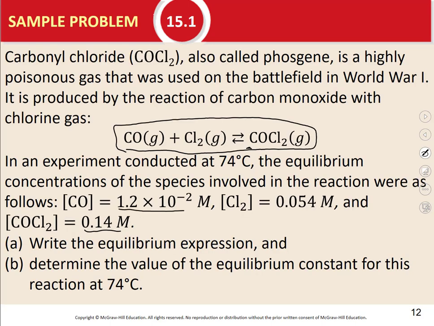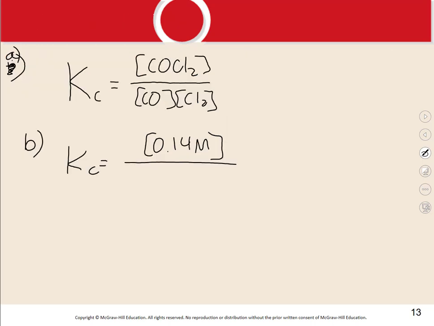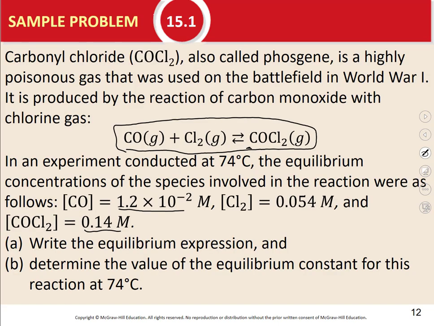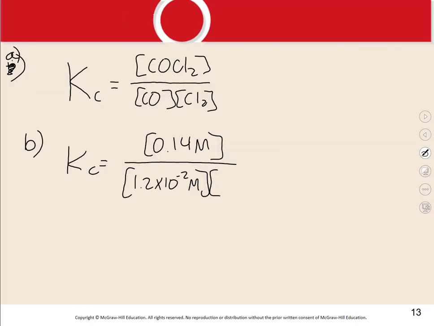CO was 1.2 times 10 to the negative 2. And then chlorine was 0.054 molar.